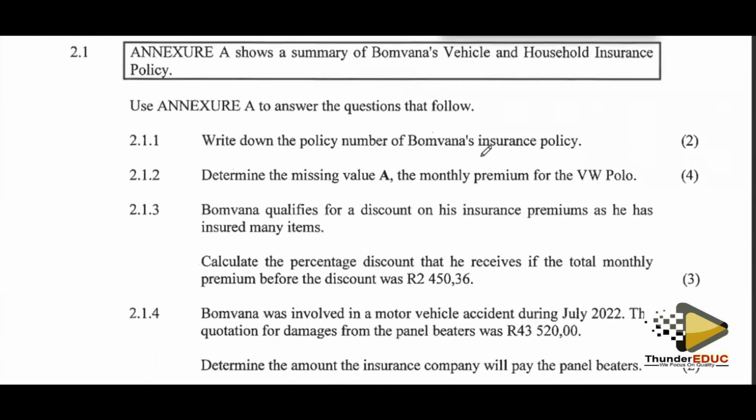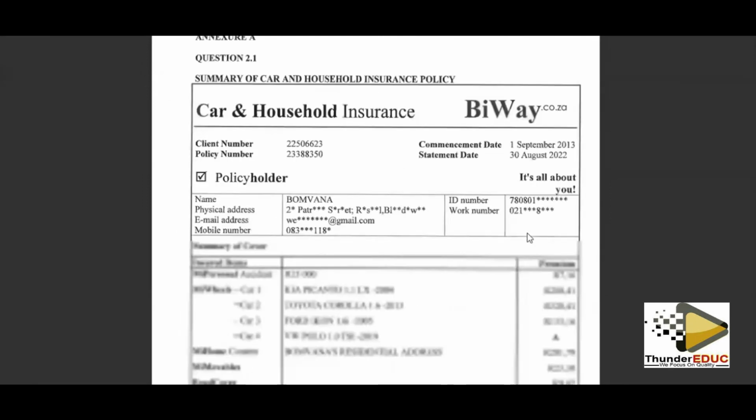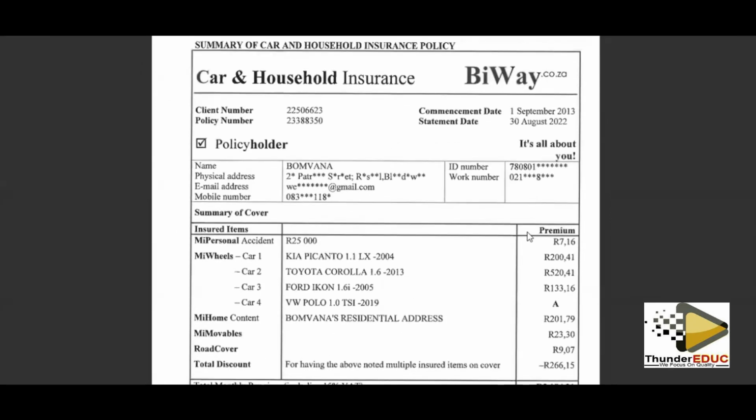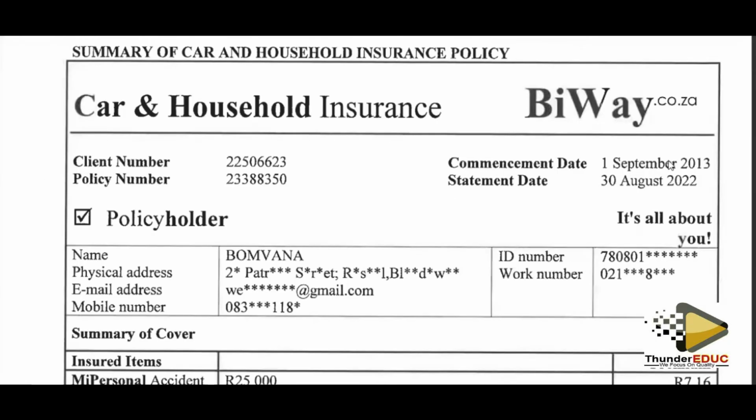Let's look at question number 2. Question number 2 says we look at an extra. This is annexure A. Annexure A looks like this.